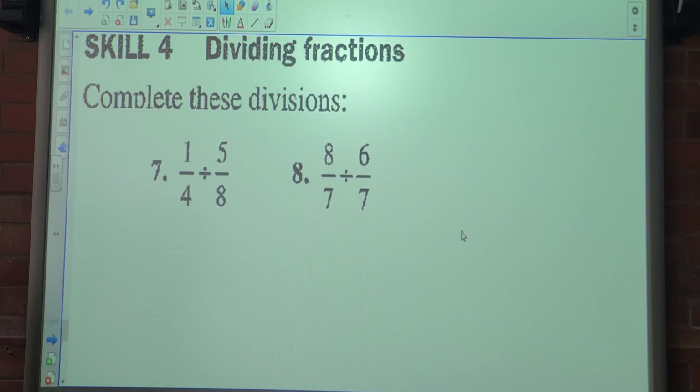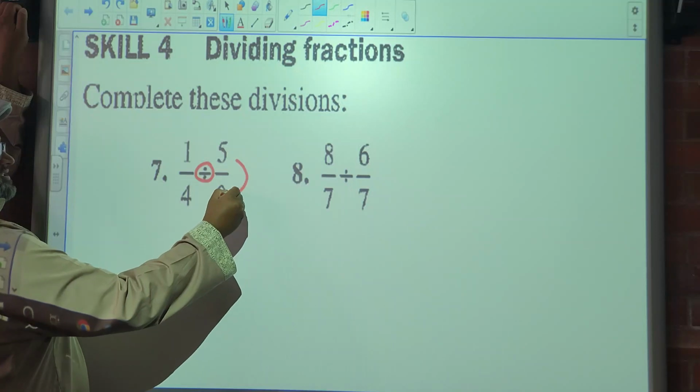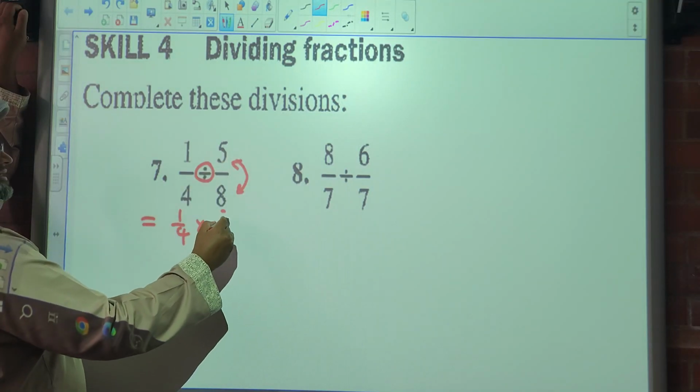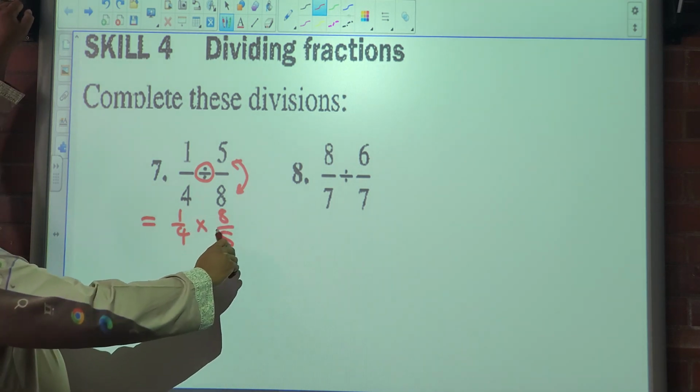Number 7. So it's a quarter divided by 5 over 8. So what do we have to do first? Change this to multiplication, tumble and times. So it's a quarter multiplied by 8 over 5. Is there anything that can simplify here?